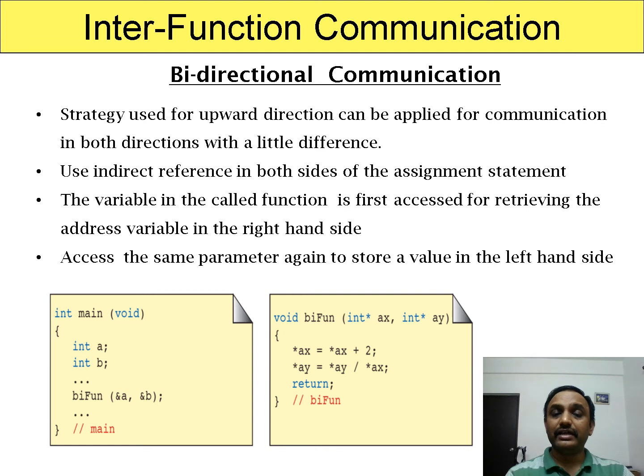The variable in the called function is first accessed for retrieving the value on the right hand side. Here we are accessing the same parameter again to store a value on the left hand side. So here you can observe before and after the assignment statement we are using dereference AX. Like this we are taking this bidirectional communication.